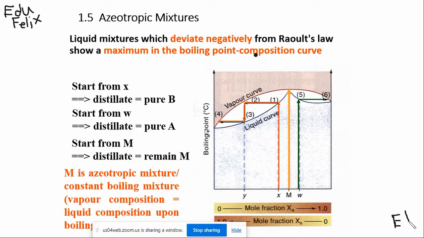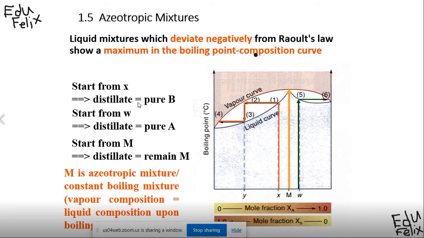In the negative one, you can see that vapor pressure is high, then you have an in-between point M. If it comes from this side, and if it comes from this side, that is different, right? You can see that. If you just go with this one, the remaining is here, right?